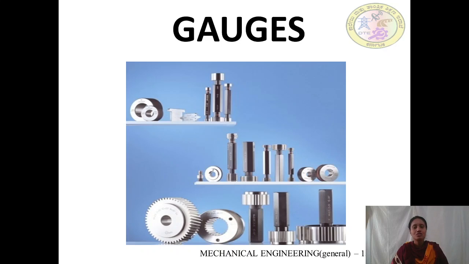Plug gauges are used to check the dimensions of plain unthreaded holes. We also discussed the double-ended plug gauge, which is used to check the dimensions of the unthreaded holes. In this plug gauge, the go end and no go end are provided at both ends of the plug gauge.